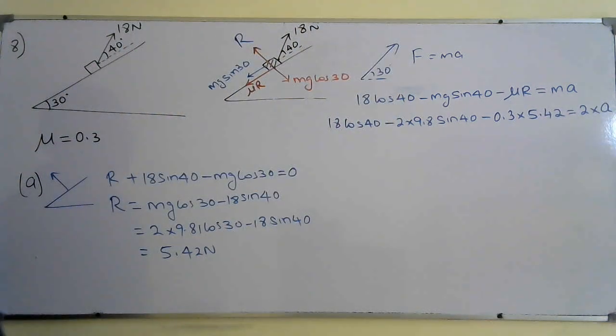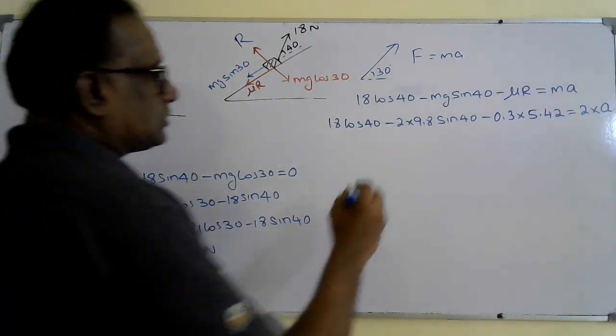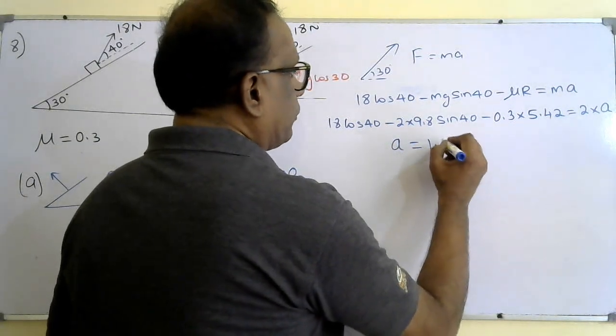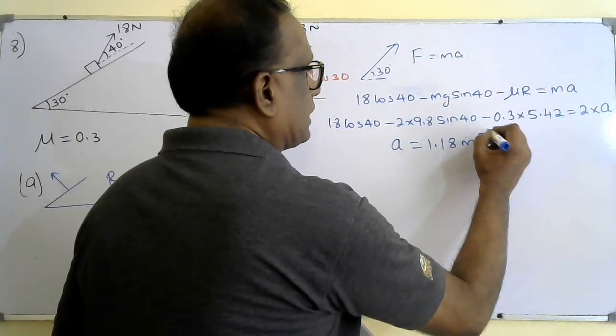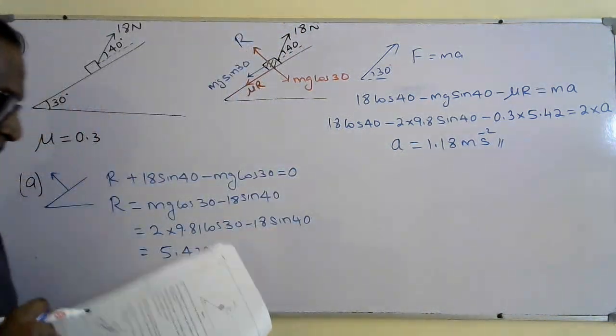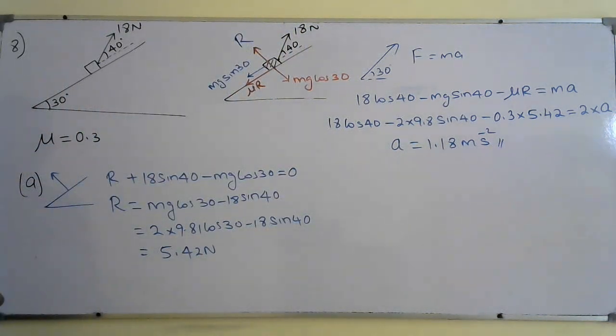Everything we know, the only thing unknown is a. So a will be equal to 1.18 meters per second squared. So that's the first part answer. The first part they asked, A part, find the acceleration of P.